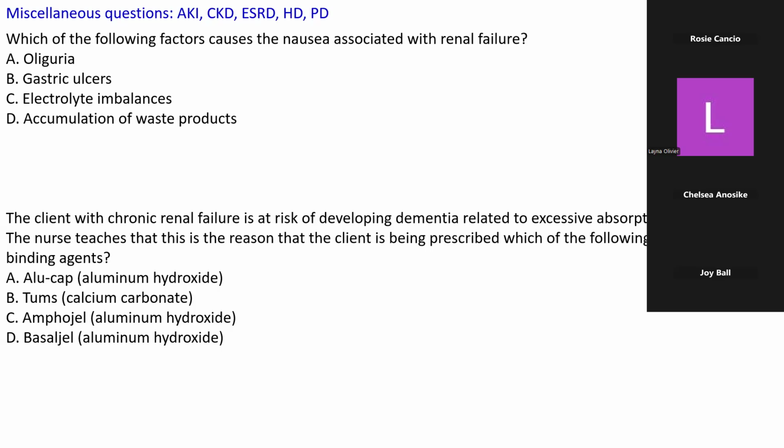So Tums are prescribed to avoid the occurrence of dementia related to high intake of aluminum. The phosphate binding agents are needed by the client in renal failure because the kidneys cannot eliminate phosphorus.